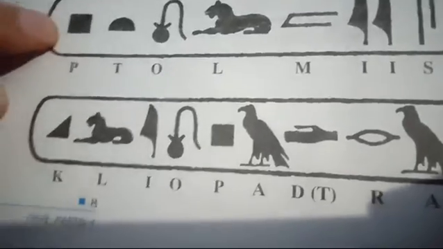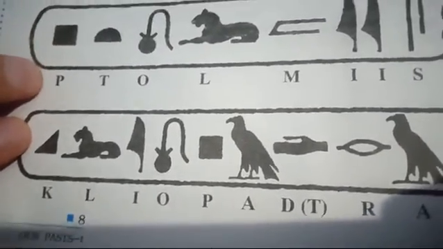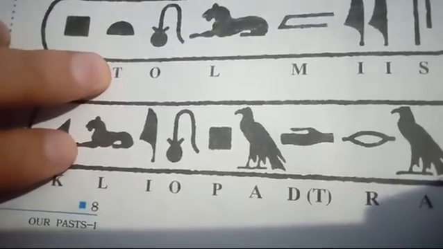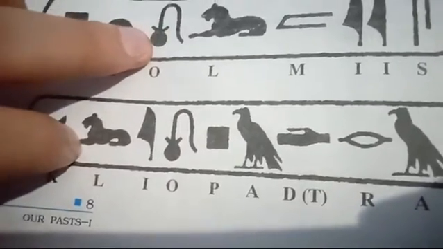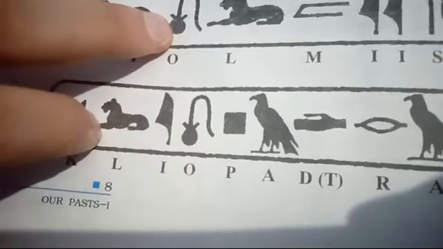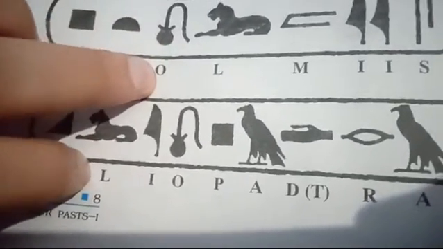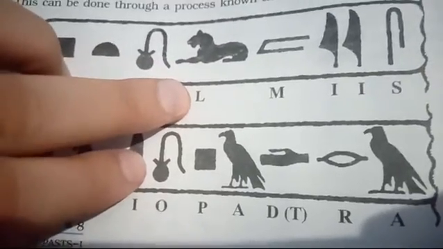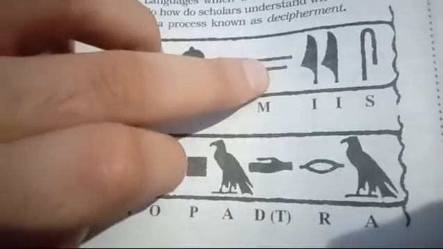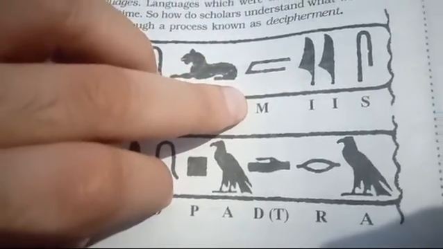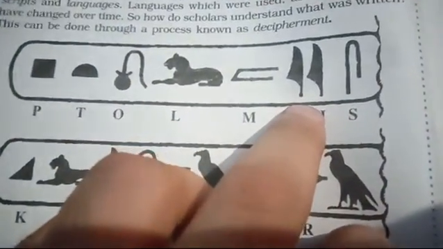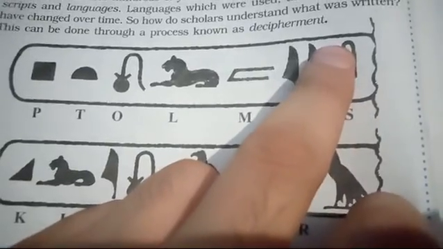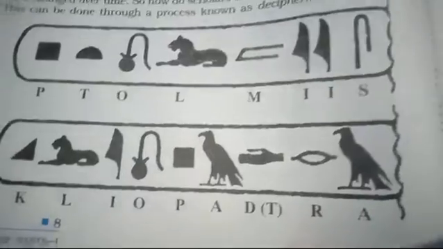See the first table: this is a square, and this square represents the symbol P. Now this is a hemisphere, and the hemisphere represents T. Now this is like a rope, a stick bound with a pot, and it represents O. Here is an animal that looks like a lion, so it is L. Now this is two strips combined and opened from a mouth, and it represents M. These are two flags, and they represent I. And this is a bent strip, bent from one end, and it is known as S at that period of time.